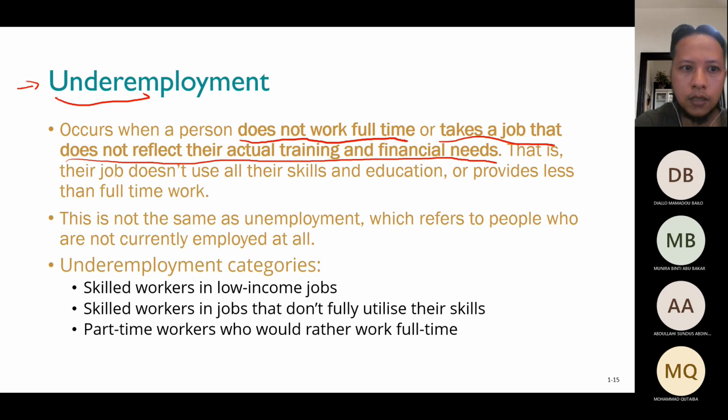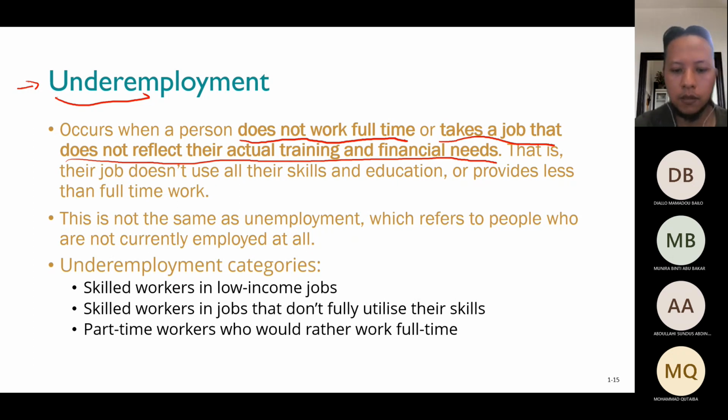So in terms of the statistics, he is employed. However, his work does not reflect his qualification, right? Or an engineer that sells food at a pasar malam.